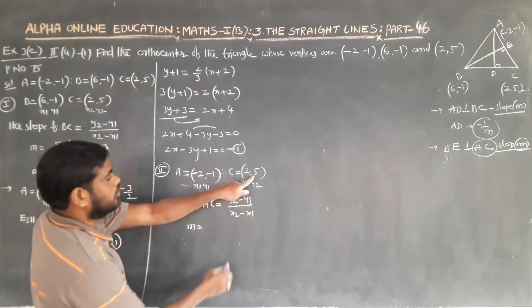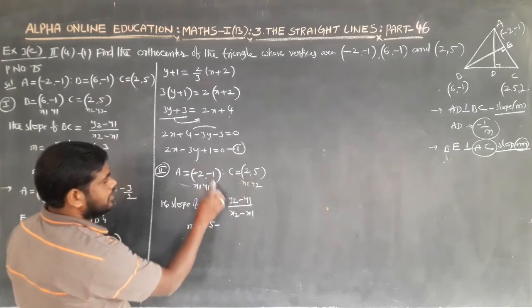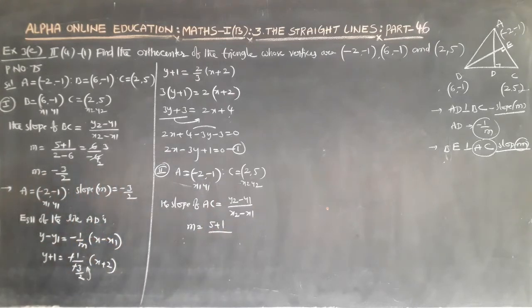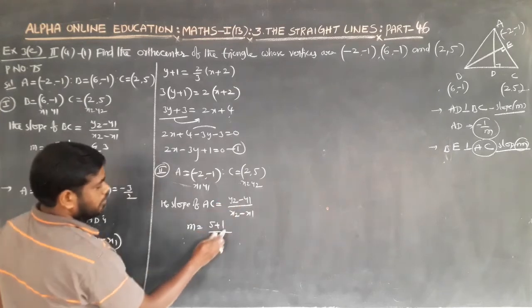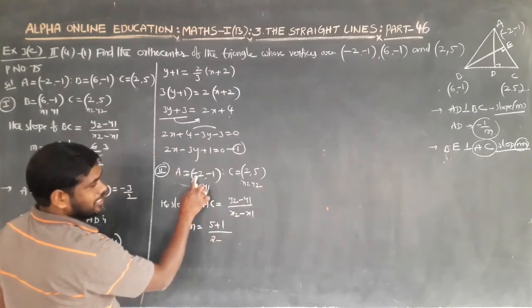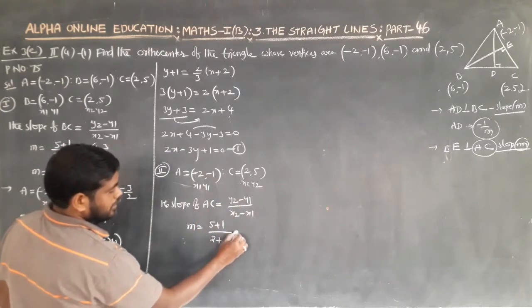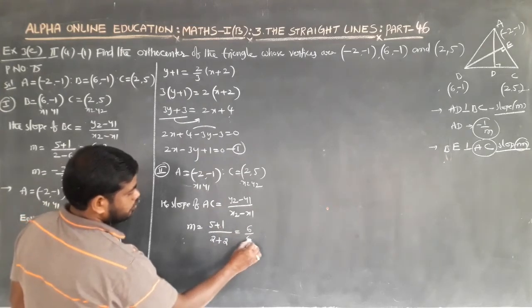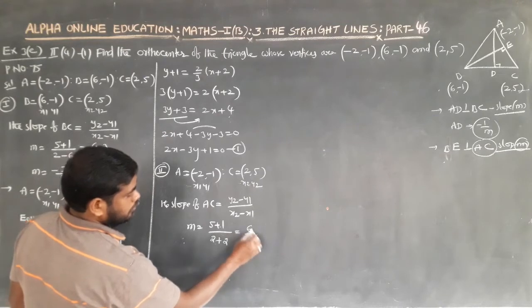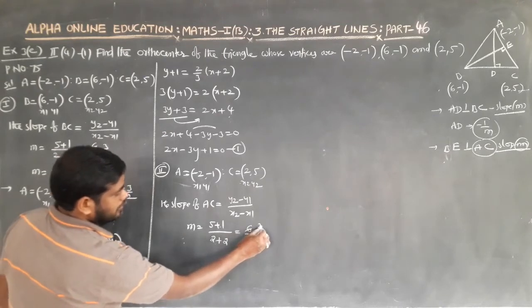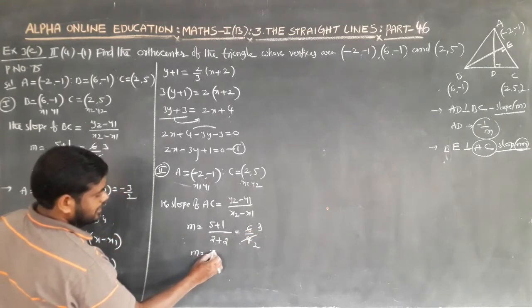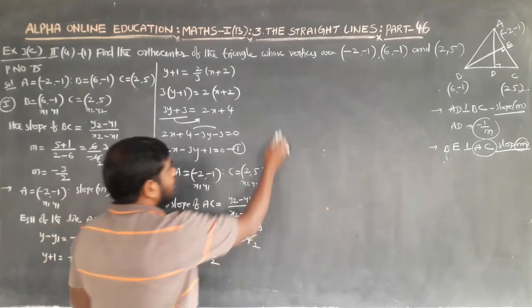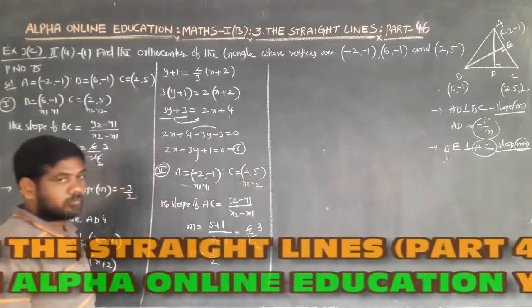M is equal to 5 plus 1 by 2 plus 2, which is 6 by 4, which is 3 by 2. So the slope of the line AC is equal to 3 by 2.